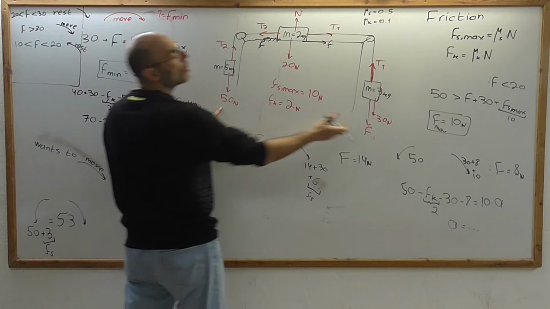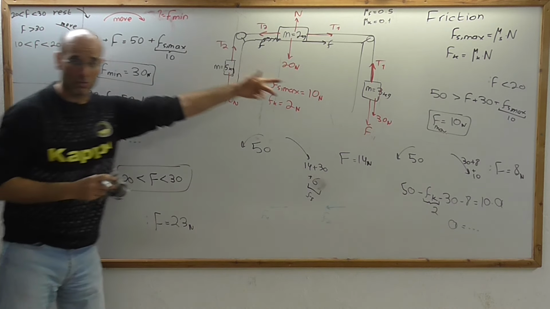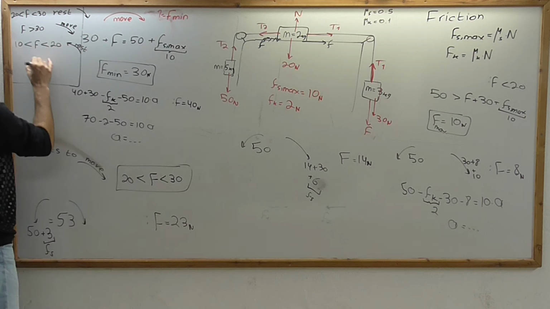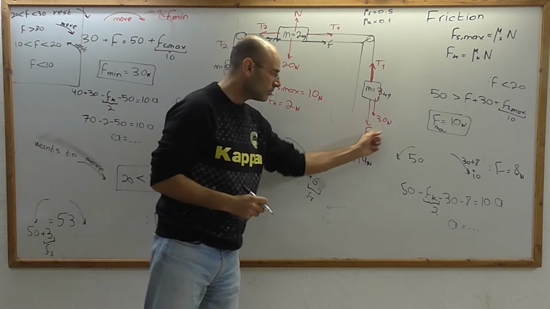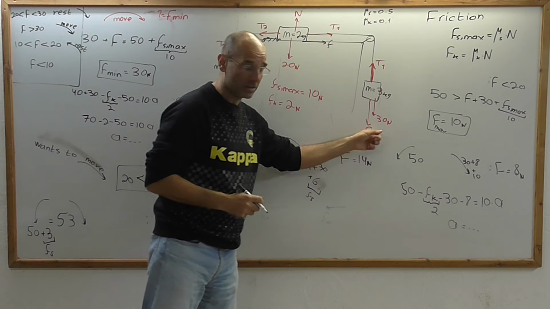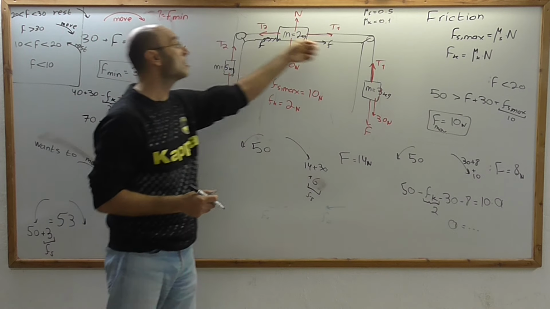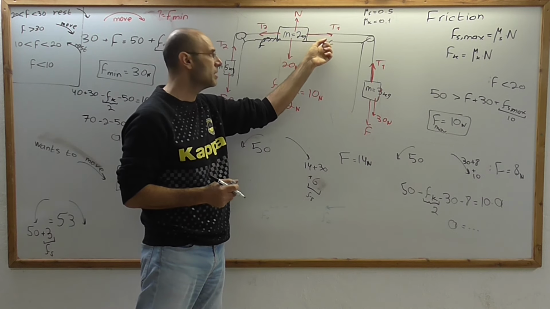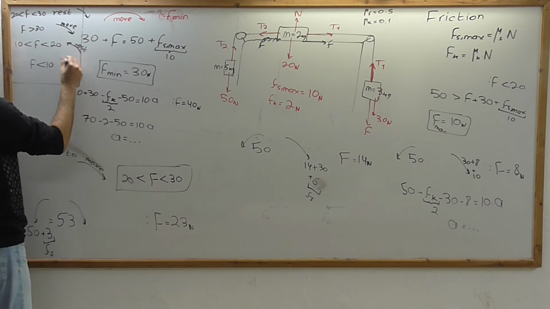So this 50 will overcome, but the friction will adjust itself because it has up to 10 to give. And if F is less than 10, this number will be less than 40. So the 50 will overcome the less than 40 and overcome the maximum friction that can be. So the system will start accelerating that way and it will move.